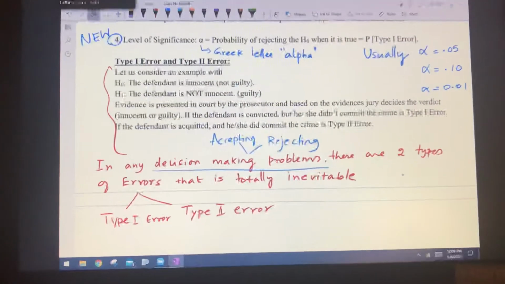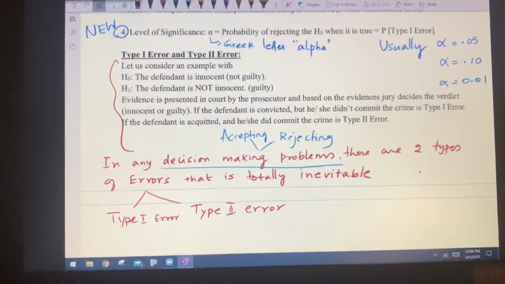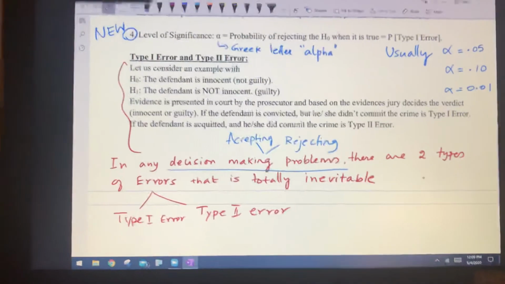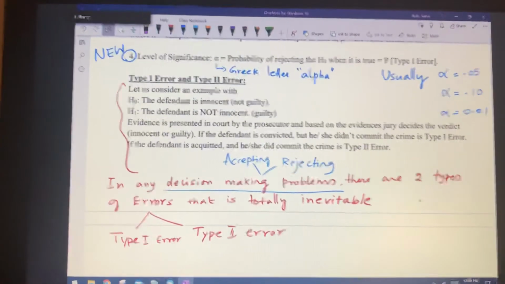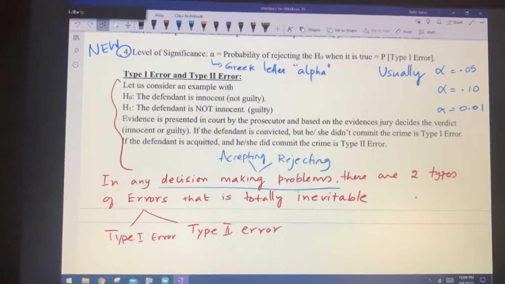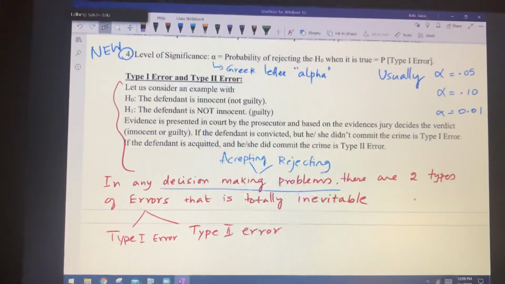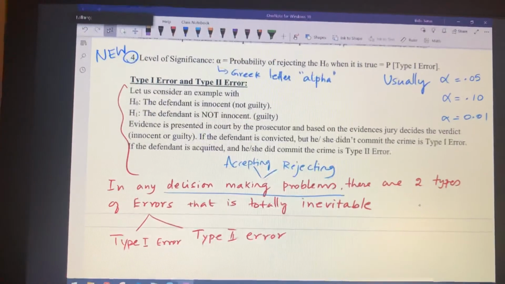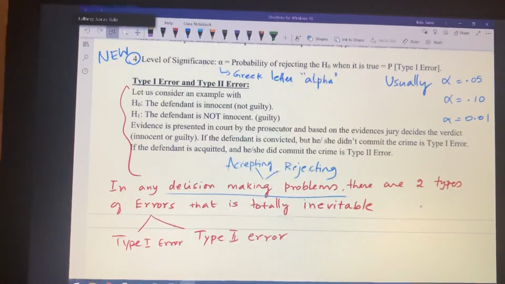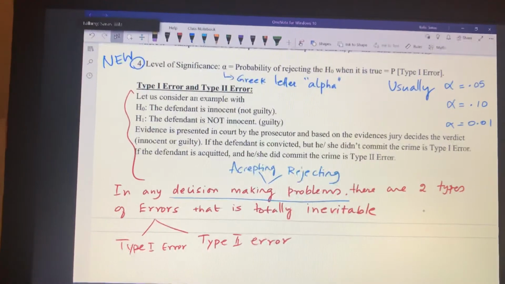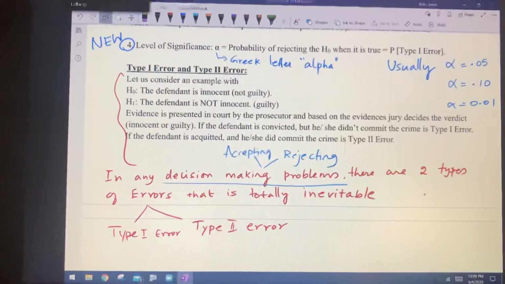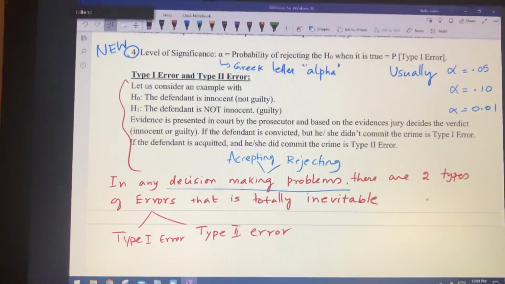If the defendant is convicted but he or she did not commit the crime, that is type 1 error. If the defendant is acquitted but he or she did commit the crime, that is going to be called type 2 error. Now everything is clear.